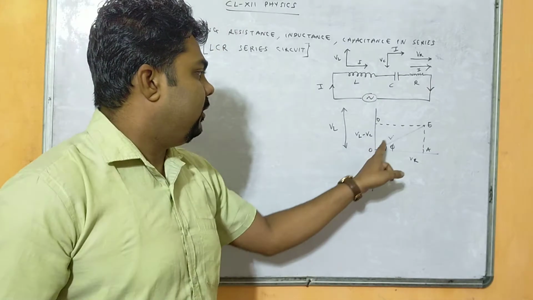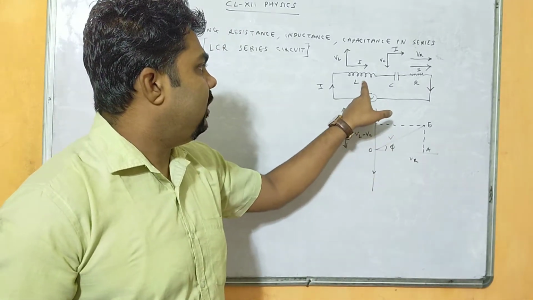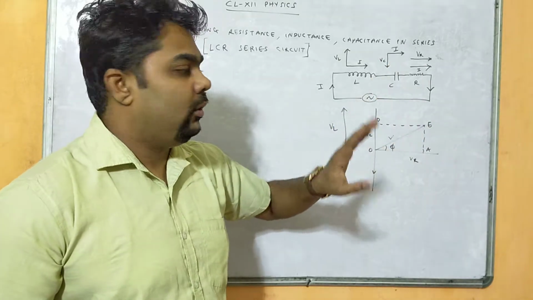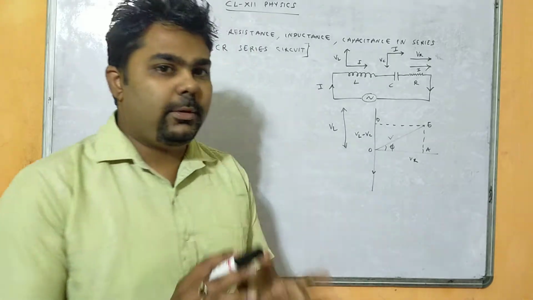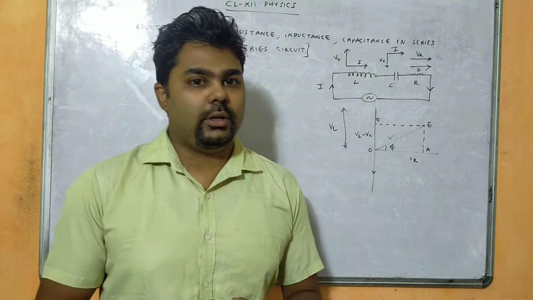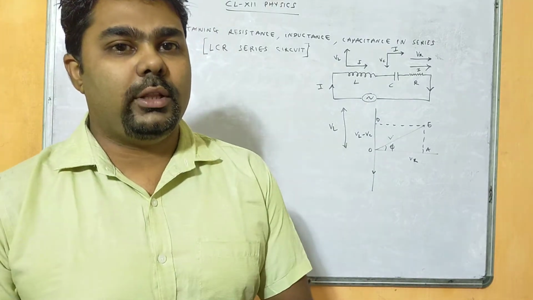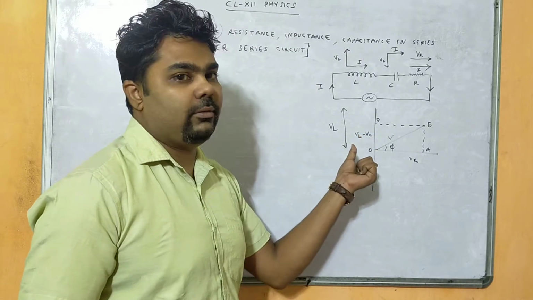So we'll consider V is the resultant voltage of VL, VC and VR. In the upper direction you see I have written VL minus VC. This means that in this circuit the voltage which is produced across the inductor is more than the voltage produced at the capacitor. So that is, VL must be greater than VC.